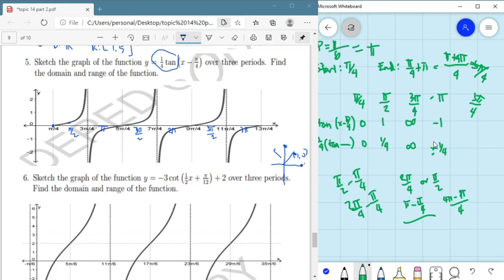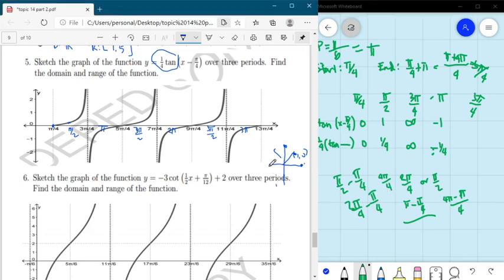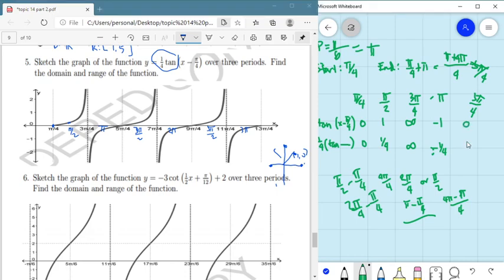Okay, and for 5 pi over 4, 5 pi over 4 minus pi over 4 is 4 pi over 4, so it's pi. So, tangent of pi, sine is 0 over negative 1 is 0.